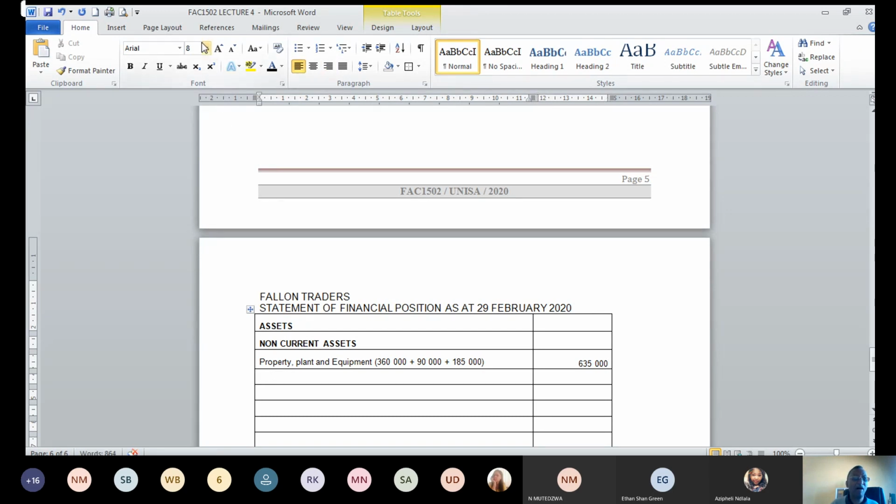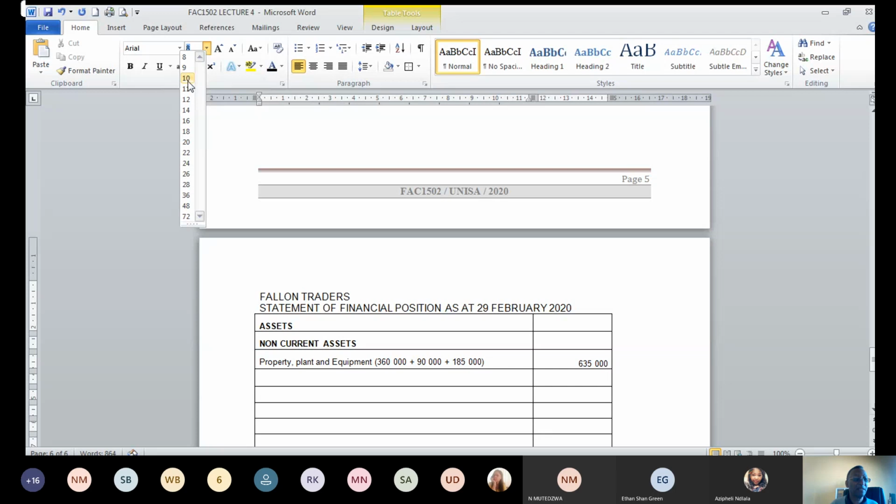Also under your category of non-current assets will appear your fixed deposit.